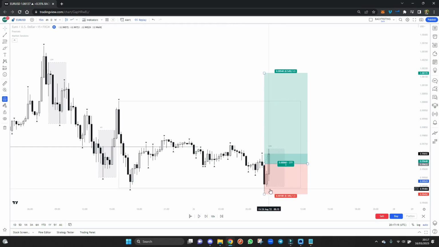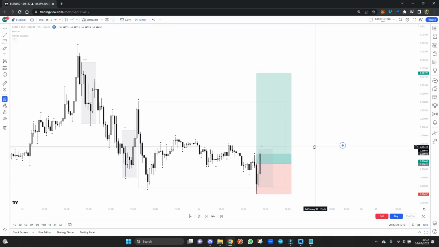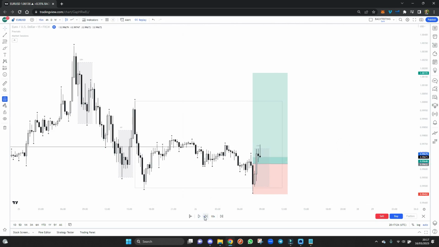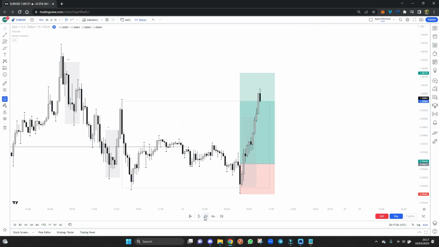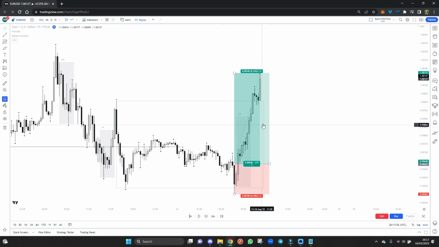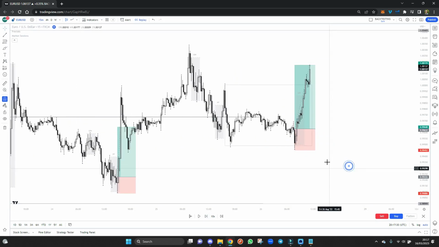So we've been triggered into the trade just inside London session here. Play price forward. There we go. TP has been hit. Again, nice 1 to 3. If risk was between 1 to 2%, again, that's 3 to 6%.